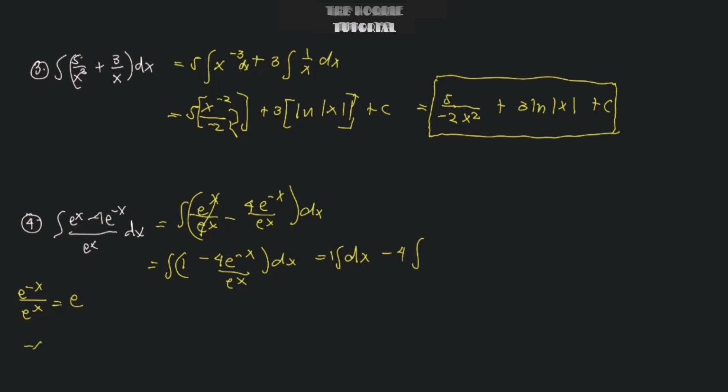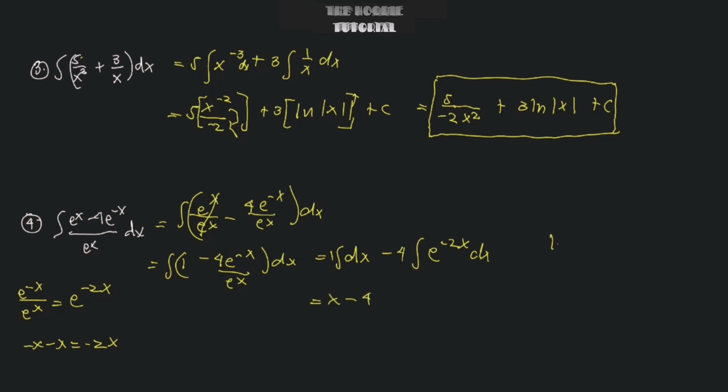We have negative x minus x, which equals negative 2x. Therefore this will become e raised to negative 2x, and never forget dx. So integrating, the integration of 1 is just x minus 4.